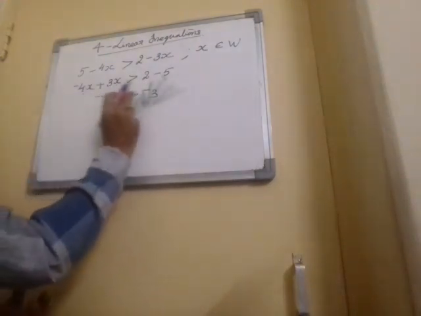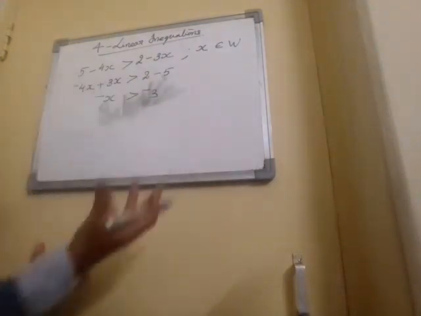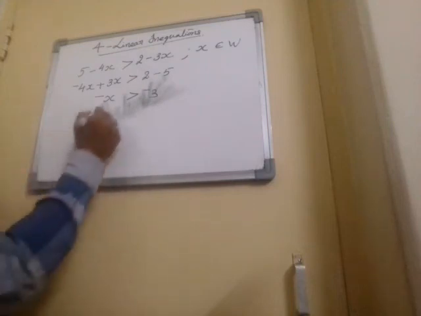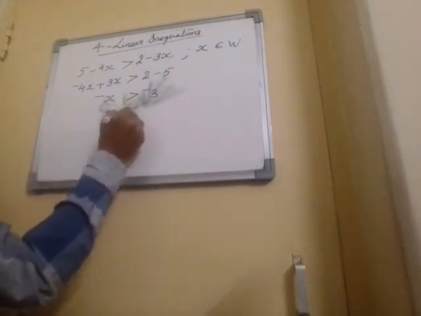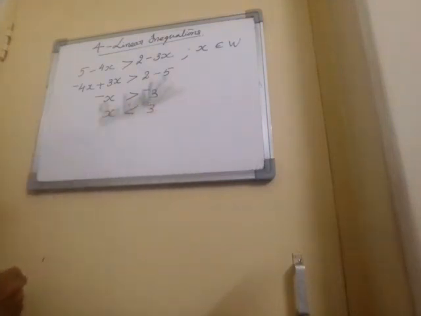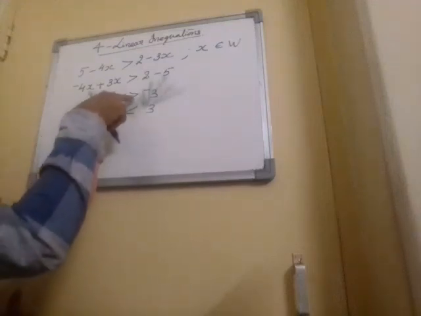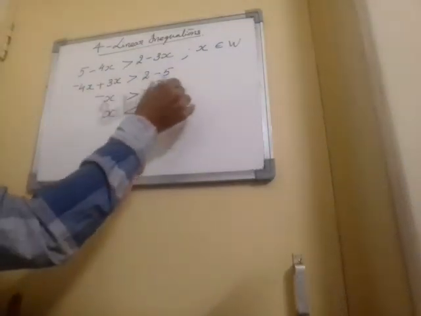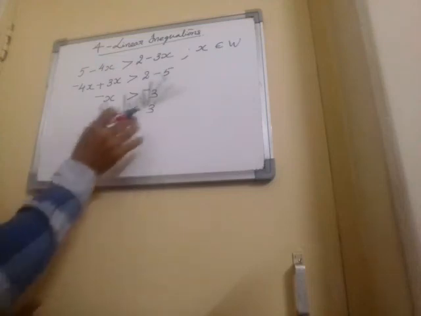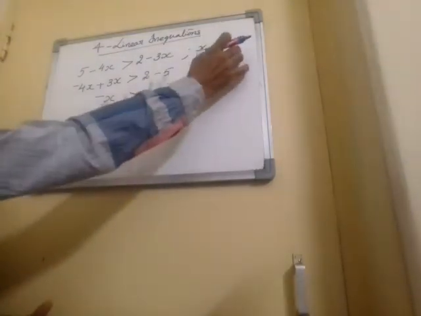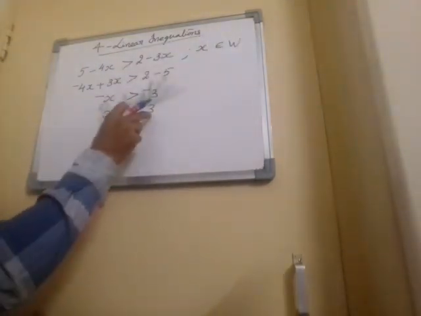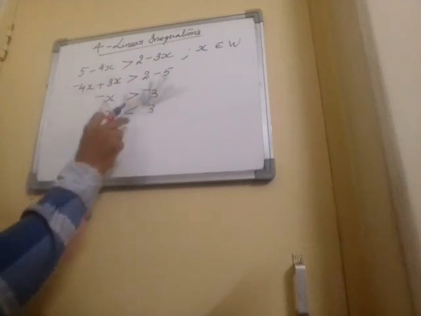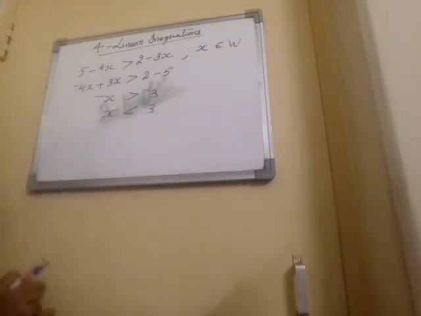Here both are negative quantities, so we can multiply with the negative sign. So x is less than 3. The inequality changes because we are multiplying with minus 1. Now x less than 3 and also x belongs to the whole numbers. So 3 we can't take because x should be less than 3.